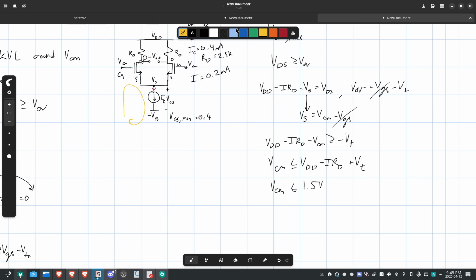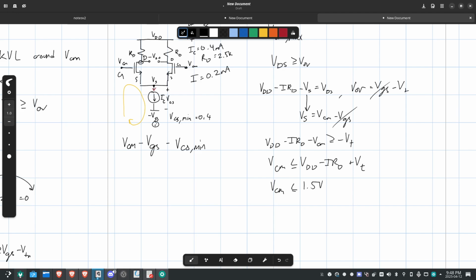Now, once again, let's do our minimum. It's going to be this loop here, which is going to be VCM minus VGS minus VCS minimum, because that's the smallest value this can be. Usually we wouldn't know what VCS is, but we're trying to aim for the minimum possible value, right? So VCS minimum 0.4. And then we end in negative VSS.